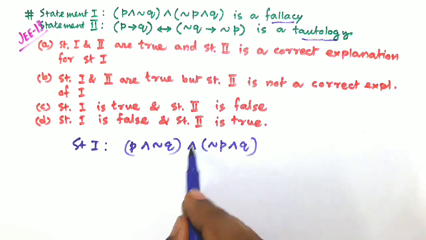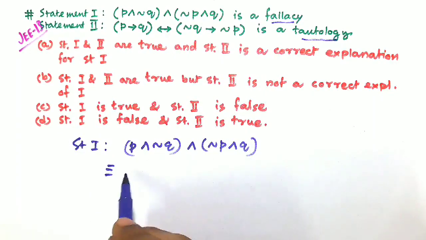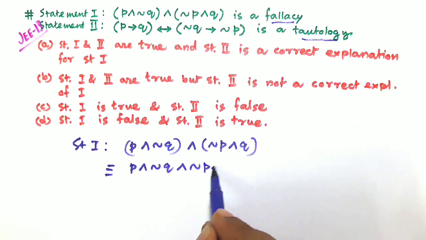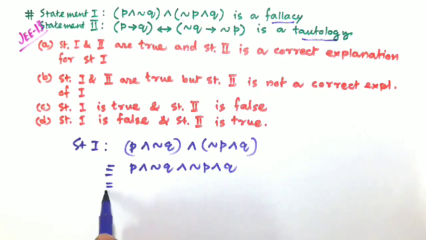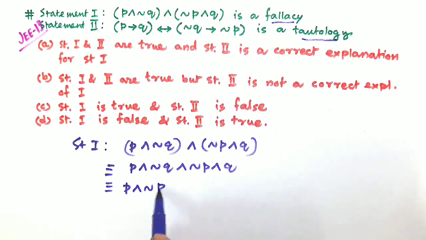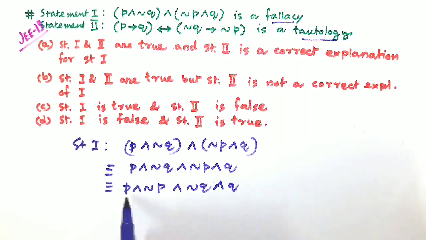Okay, and so we can overlook these brackets. P and negation Q and negation P and Q. This is equivalent to P and negation P and negation Q and Q. P and negation P, this part is equivalent to F, isn't it?